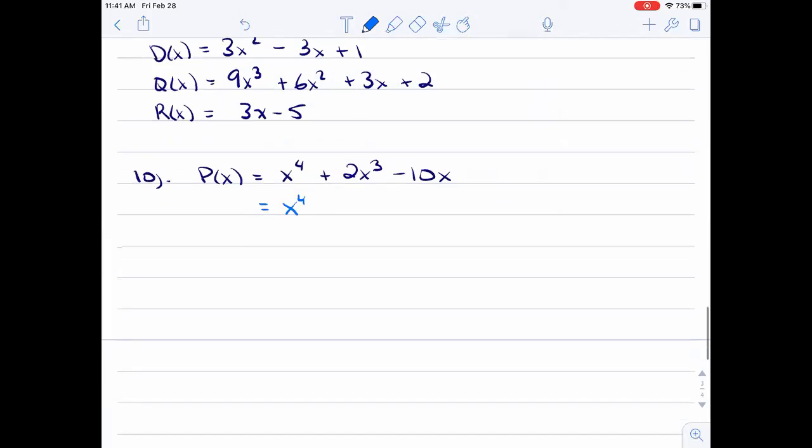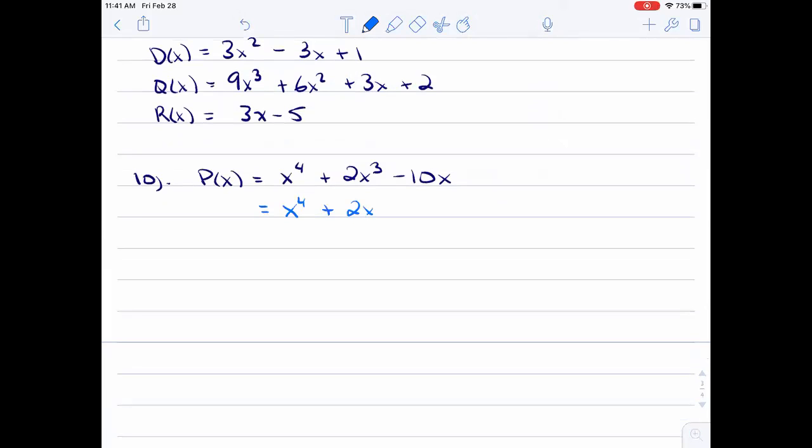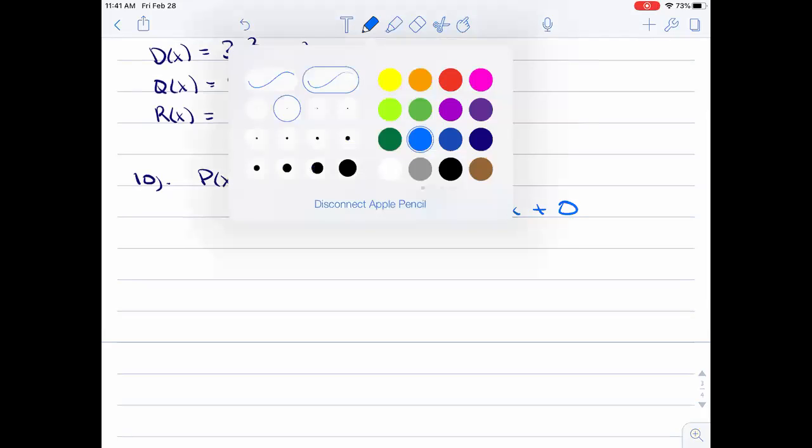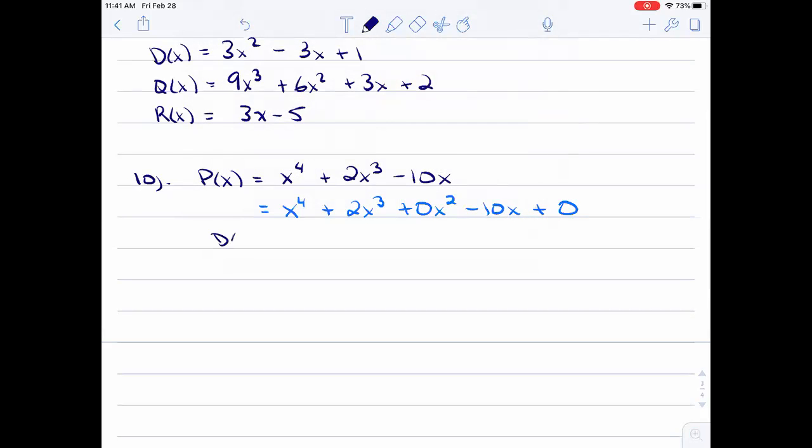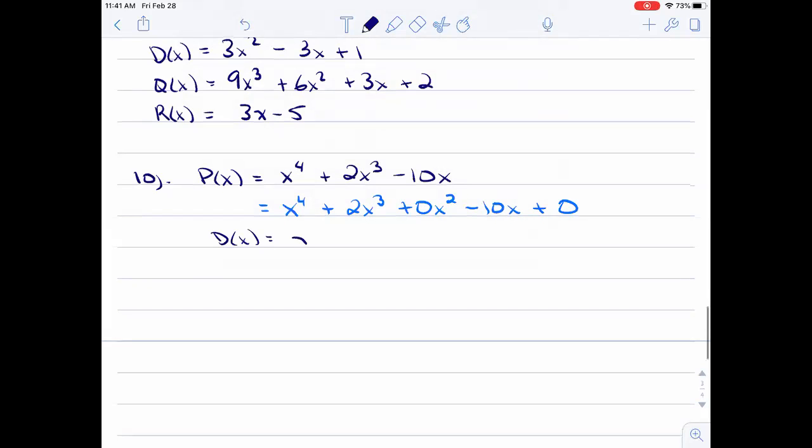I'll blame it on being rusty. So x to the 4th plus 2x to the 3 plus 0x squared minus 10x, but then plus 0. And then D of x is x minus 3.